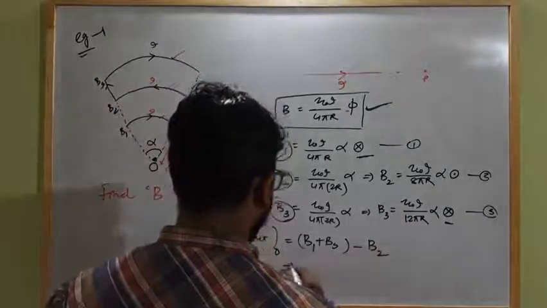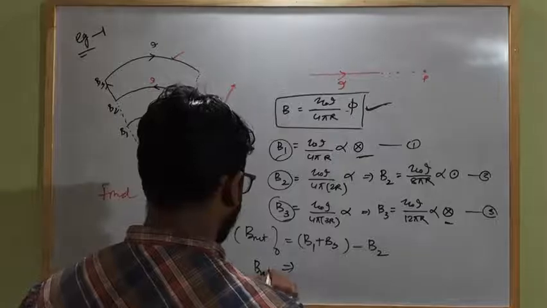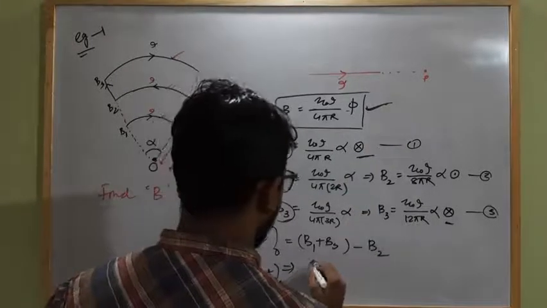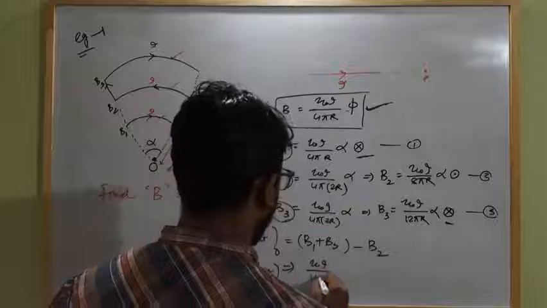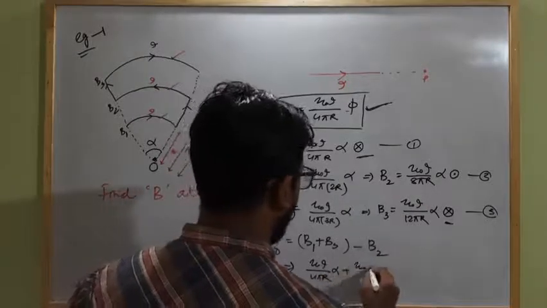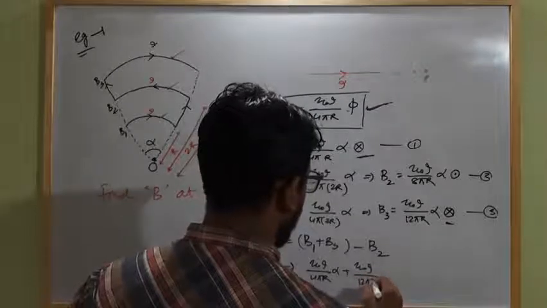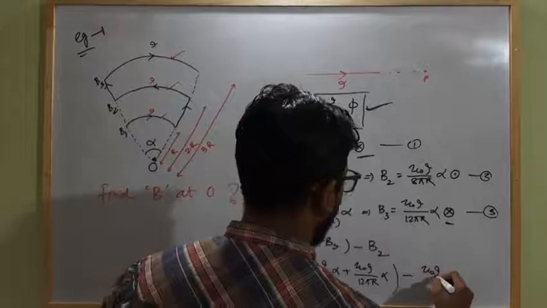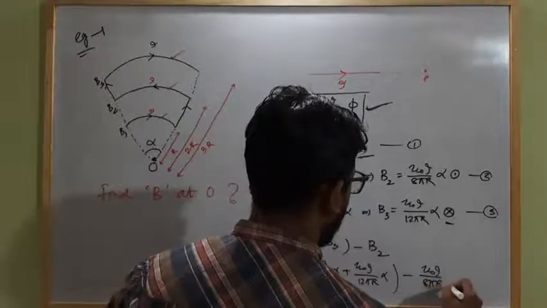So this implies we can write B net at O will be how much? B1 plus B3, that will be mu naught I by 4 pi r alpha, plus B3 will be mu naught I by 12 pi r alpha, minus mu naught I divided by 8 pi r alpha.